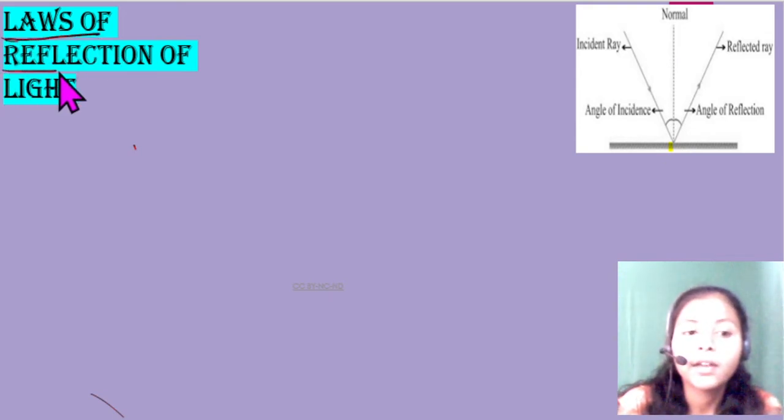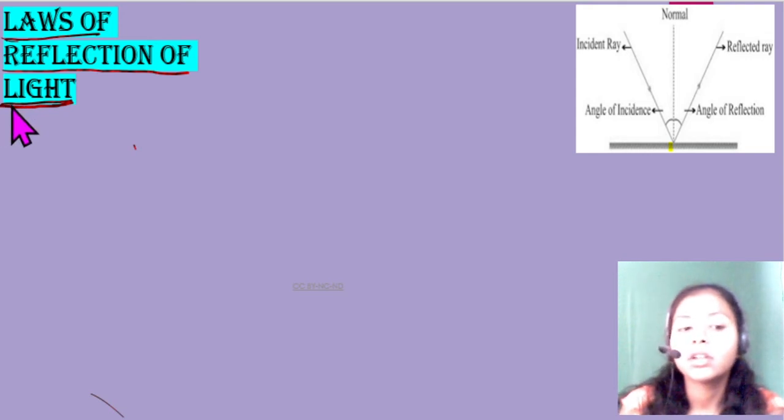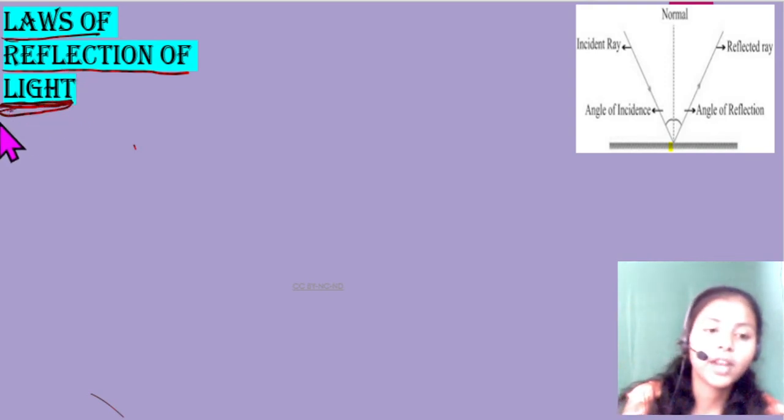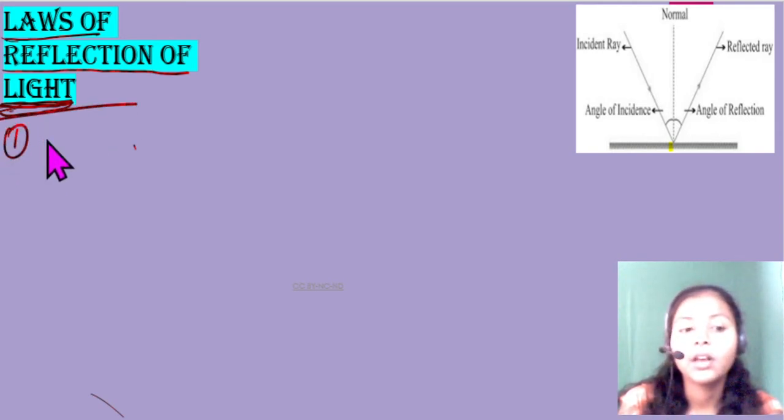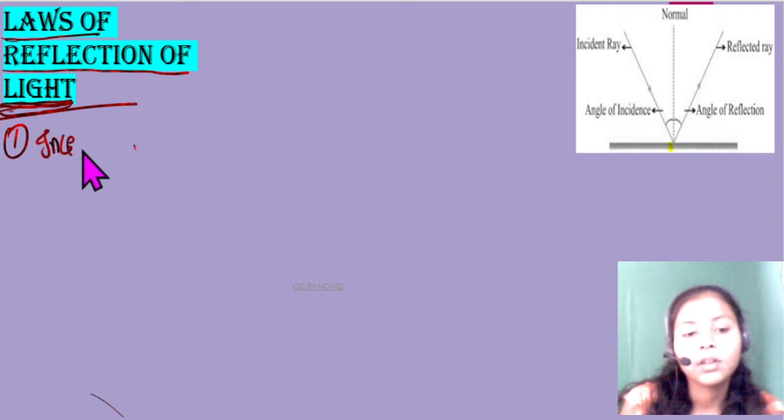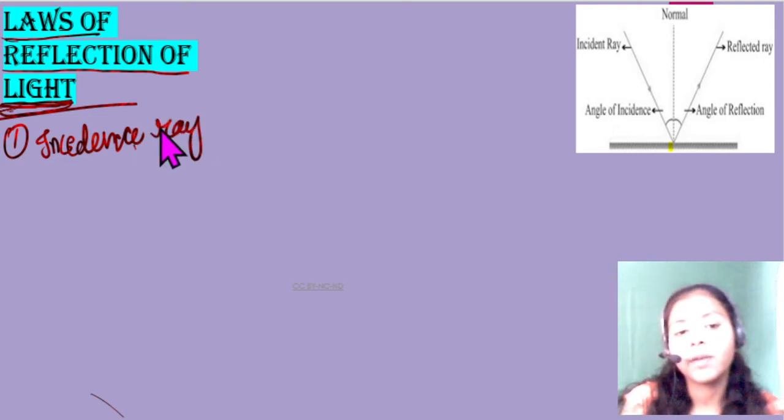There are basically two laws of reflection of light. Before starting the laws of reflection of the light, we are going to cover some topics which will be useful for us for understanding these laws. So the first topic is incidence ray.